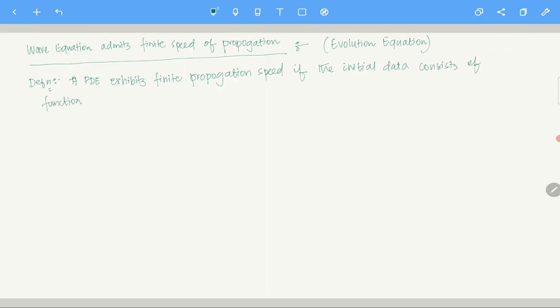At t equals 0, the function has to have compact support. So consists of functions with compact support. Okay, then for every t positive, clear? The solution u of dot t has a compact support.